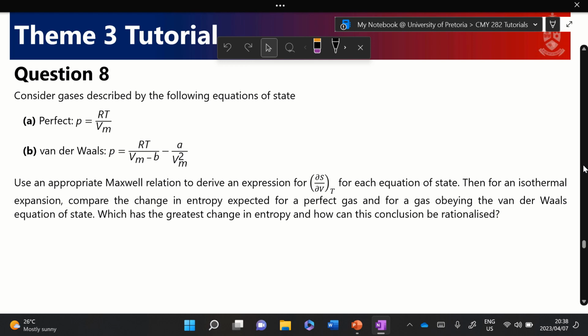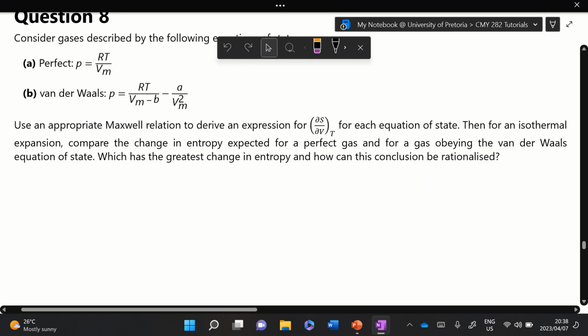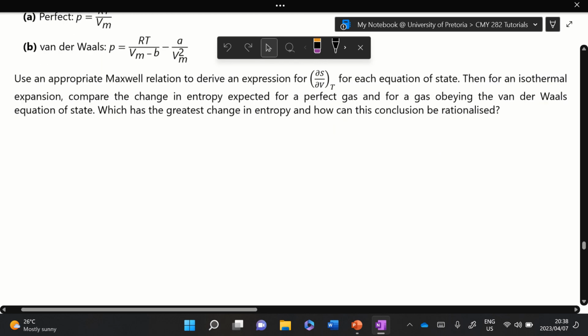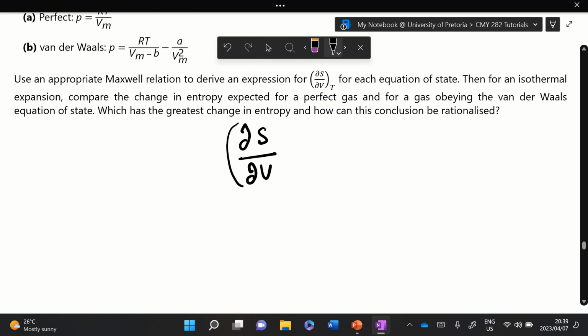Right, so we first have to start with giving the appropriate Maxwell relation. We have to look to our table, and it is one where we can relate this to pressure.